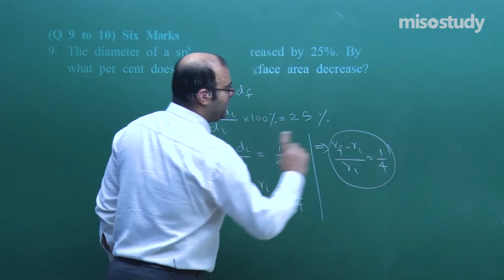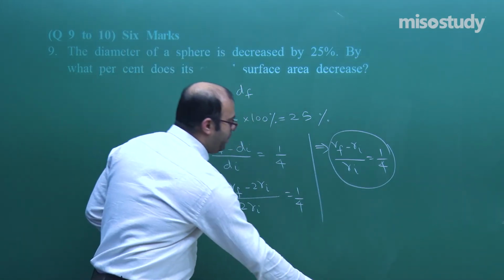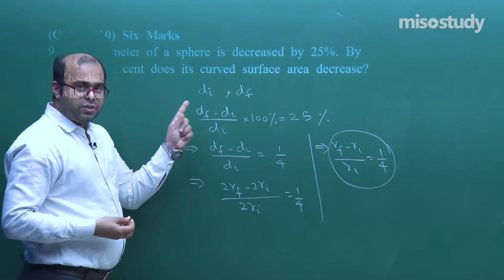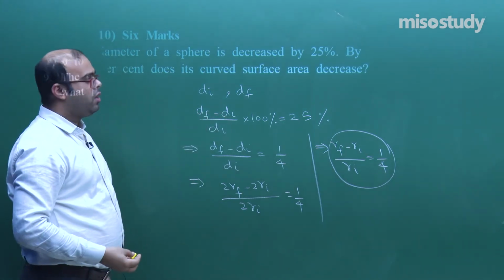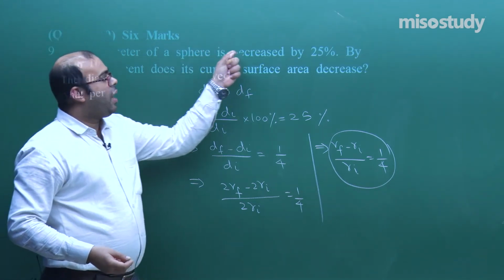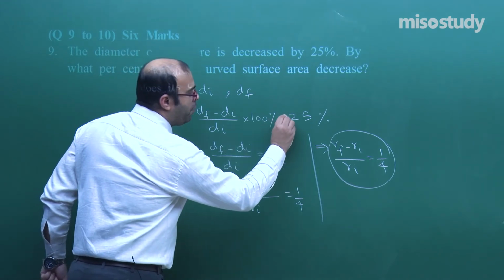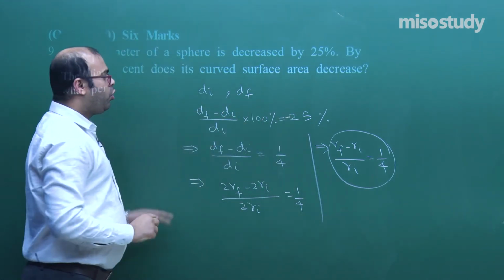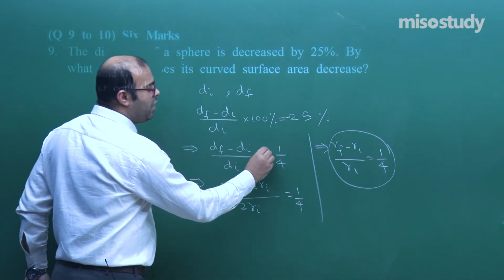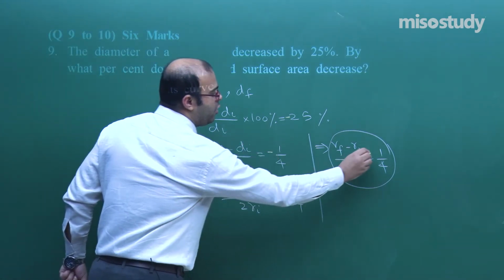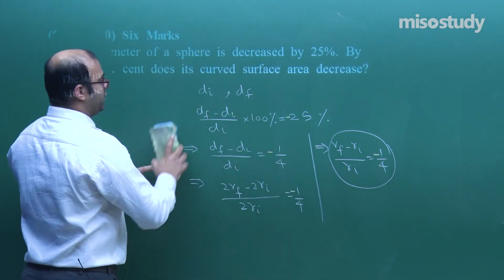Now let us keep it as it is right now, and keep in mind here one thing is very important. Here we are subtracting initial diameter from final diameter. What does it happen? The diameter has decreased. So if the diameter has decreased, we should put a minus sign here, because the final diameter is less than the initial diameter. So for decreasing, we always put a minus sign. So don't forget to do this. This minus means there is a decrease.